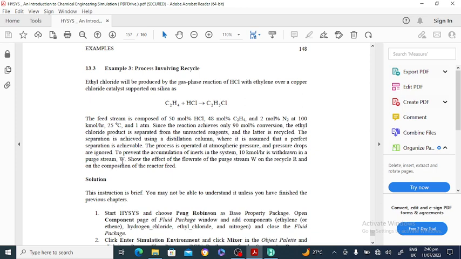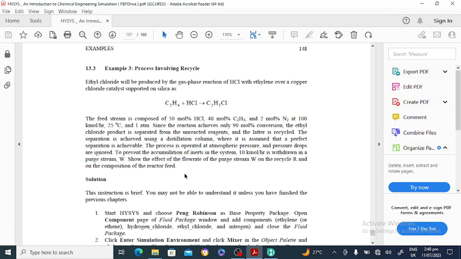So in order to prevent the accumulation of nitrogen in the system, we will remove some of the stream, which is called the purge stream, with the help of a T. Now we will show the effect of the flow rate of the purge stream, which is W, on the recycle stream, which is R, and on the composition of the reactor feed.